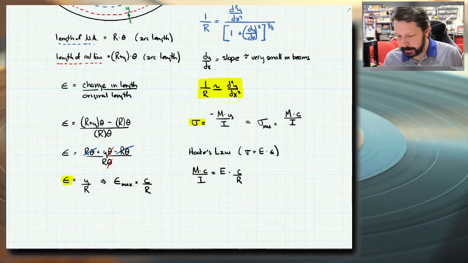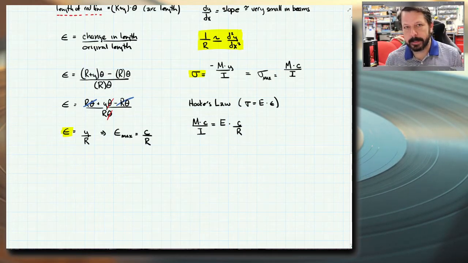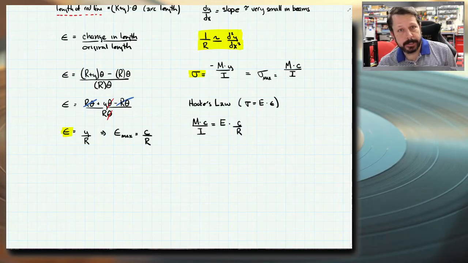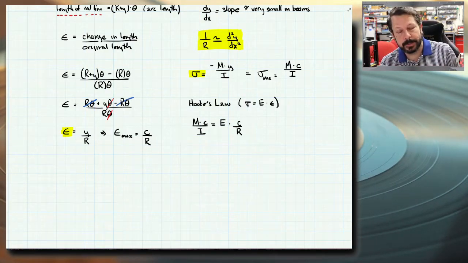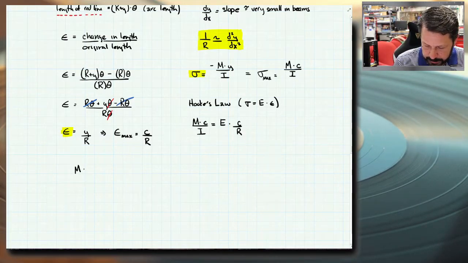So this M is the internal bending moment, and we already know that it varies from one end of the beam to the other. We've drawn this shear bending diagram, and it's not a flat line. It has all this shape to it. We've done the intervals of the beam where we cut up different intervals and looked at the internal bending moment, and it had different equations. So we know that M is a function of x.